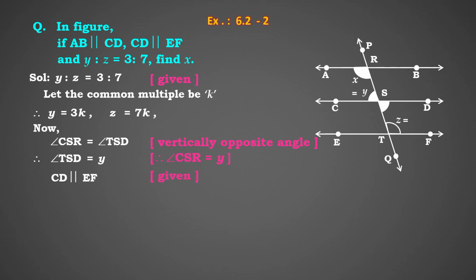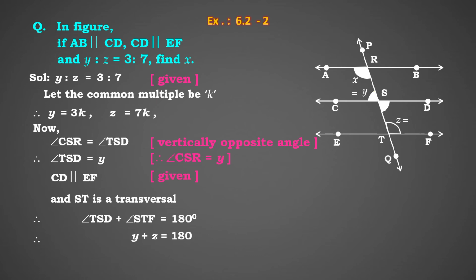CD is parallel to EF, that is given, and ST is a transversal. Therefore, angle TSD plus angle STF equal to 180 degrees. So, y plus z equal to 180 degrees.